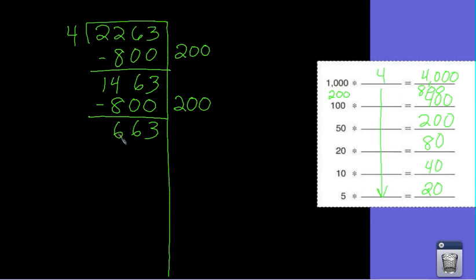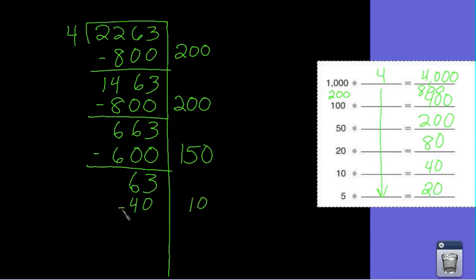Can't use 200 for my partial product anymore. So I'm going to use 150 added together, which is going to be 600. And I come to my chart, I'll use 10. 10 times 4 is 40.